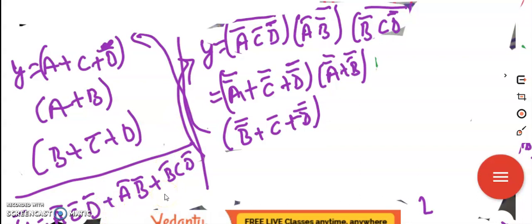If you don't know how to solve this problem in terms of POS and you are getting confused, then you need to solve this in terms of SOP. Then if the question demands the minimal POS, you have to go with all these steps and then write down the solution. So instead, directly you can learn that POS and solve it.